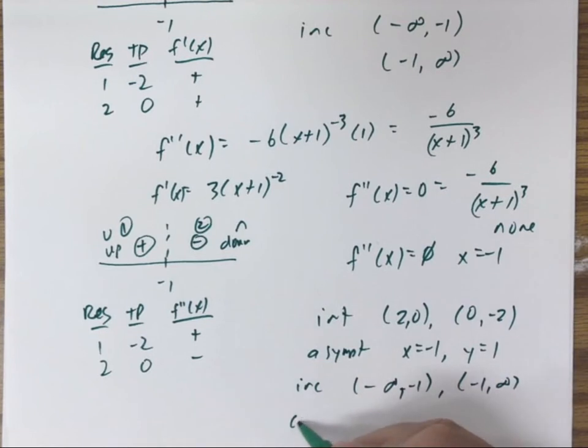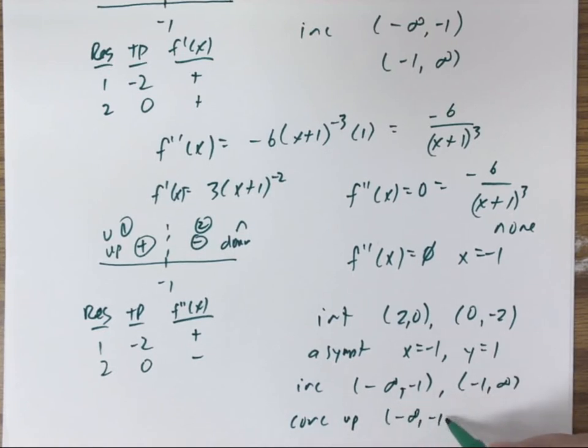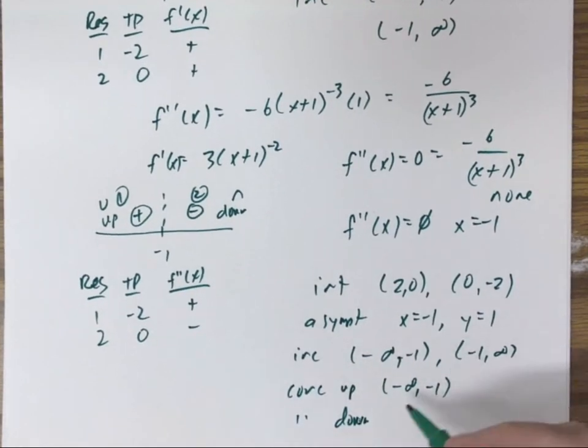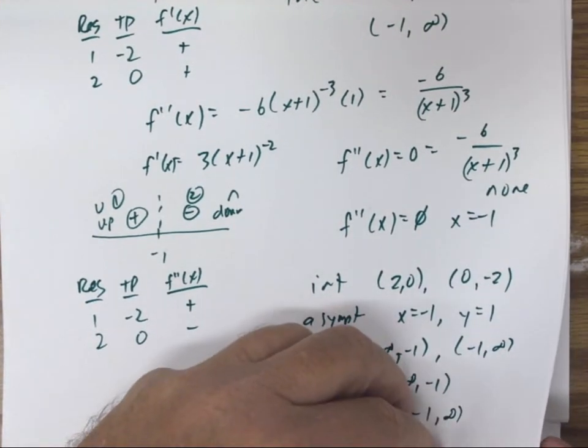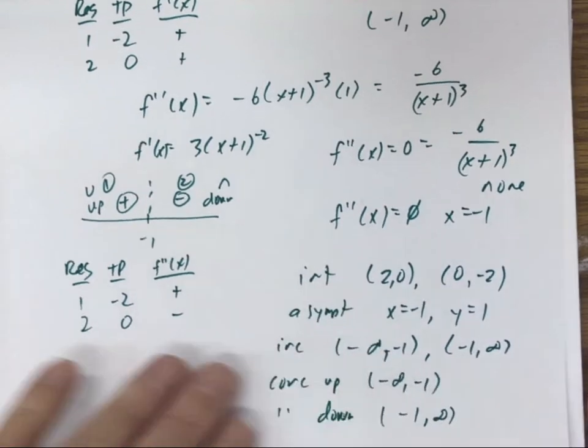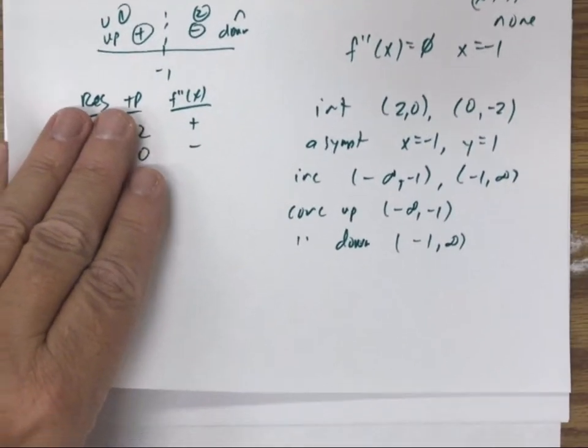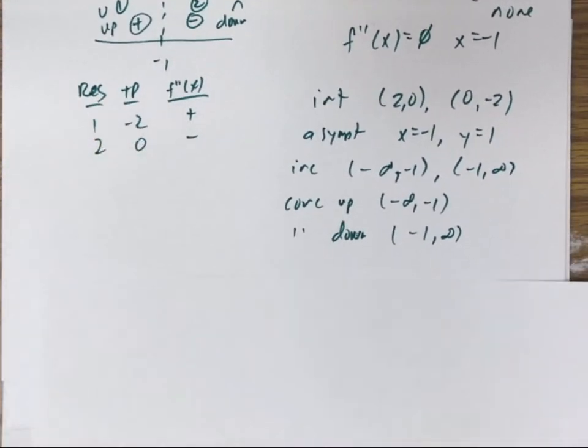And we have concave up and concave down. So based upon that information, are we somehow able to figure out what a graph might look like? And once again, if you're not sure about it exactly, you can always just plug in some points.